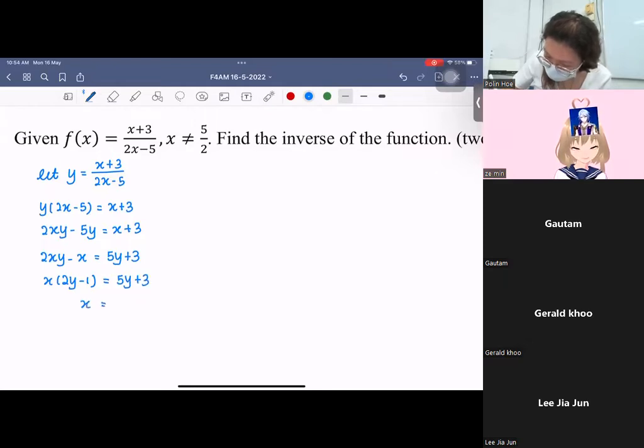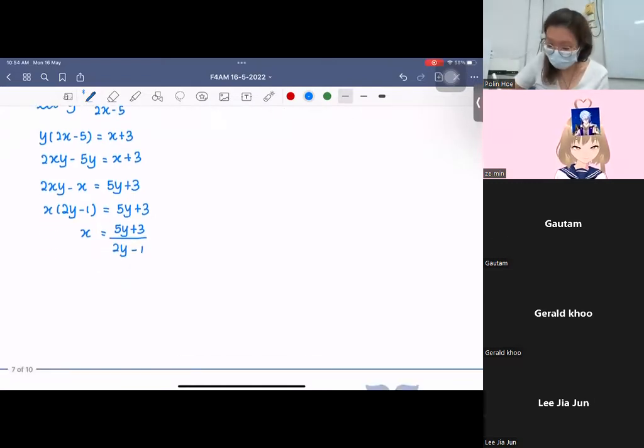So x equals (5y plus 3) over (2y minus 1), and your x will be the inverse of y.